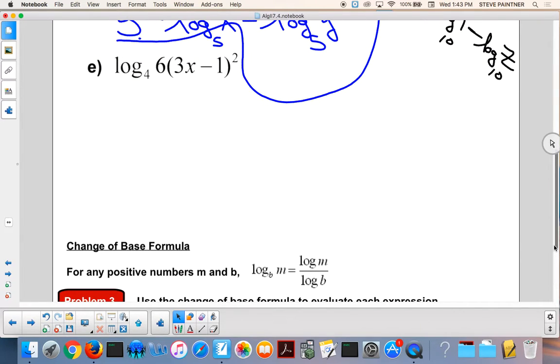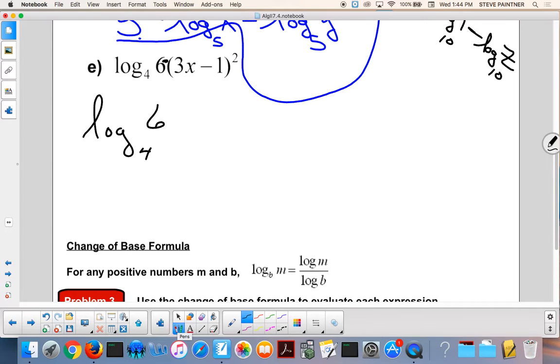What do you see in between the numbers? Log of, is that a multiplication problem or is that division? Multiplication. Yeah, 6 times, right? Okay, so you do log of 6, then what? Plus log of parentheses, right?